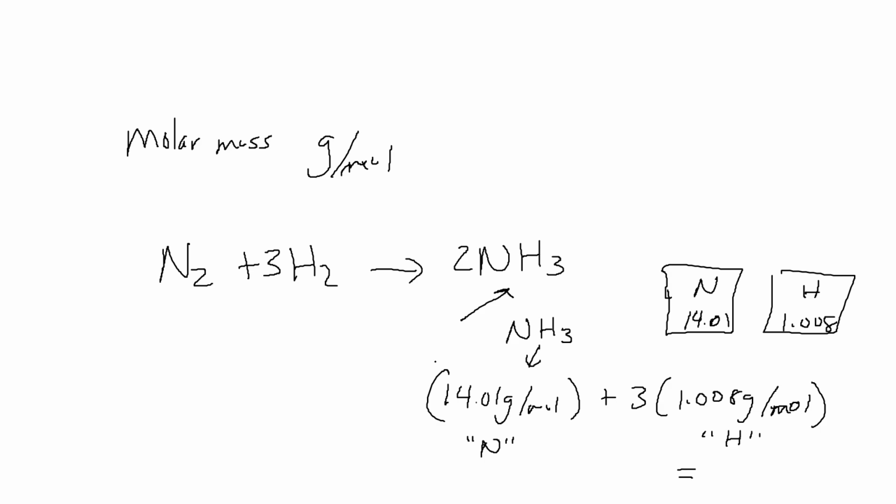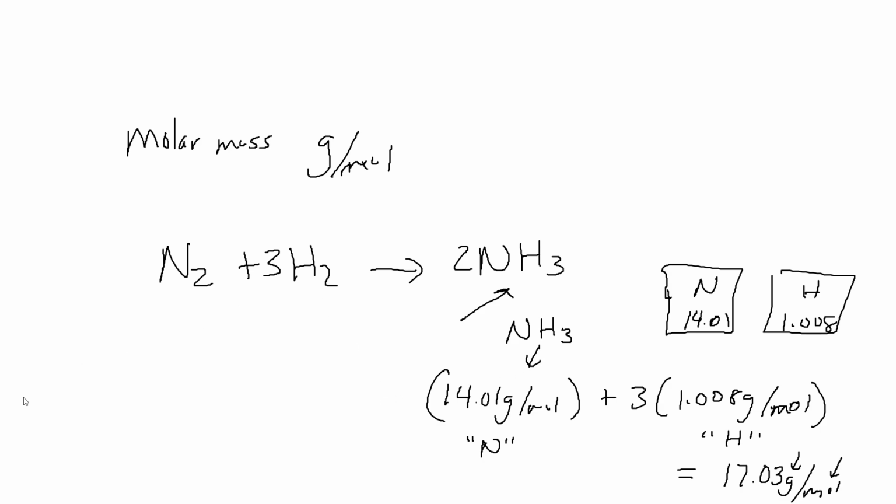And that's going to give us here 17.03 grams per mole that we could use as a conversion factor. Again, the number stays with the grams. It's always per 1 mole.